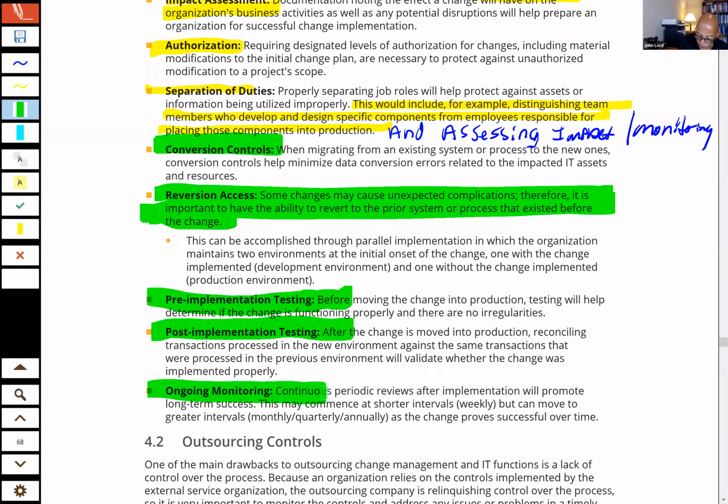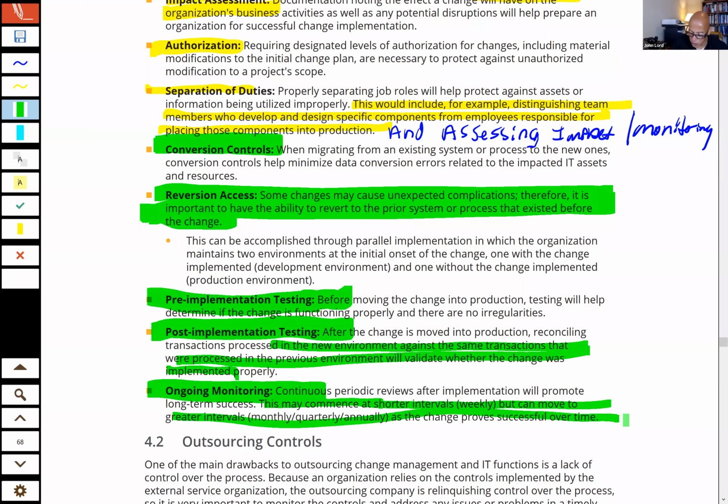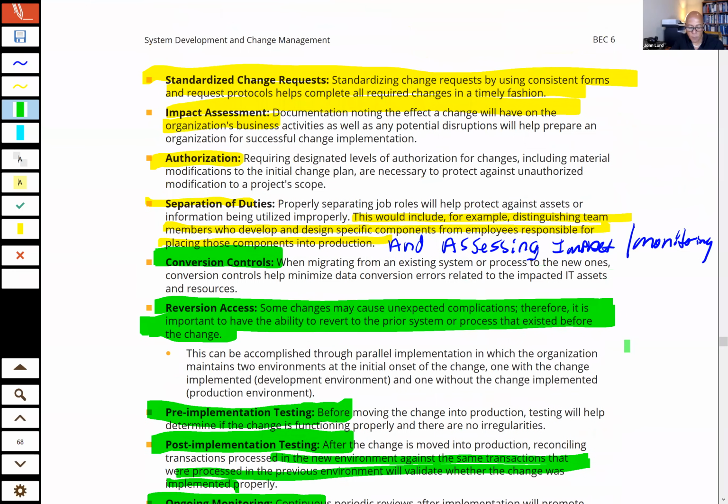That means looking at how things are being processed now, post-implementation, and then at a shorter interval, weekly, et cetera, with lesser intervals over time for the monitoring. Okay. Anyway, flashcard.